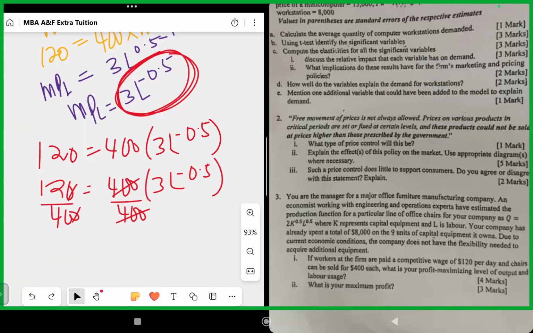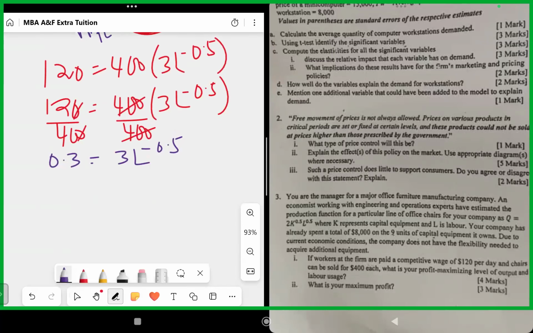So 0.3 equals 3L negative 0.5. Then you divide both sides by 3 and get rid of the 3. So here we get 0.1 equal to L raised to the power negative 0.5.